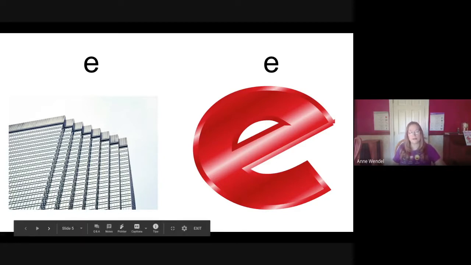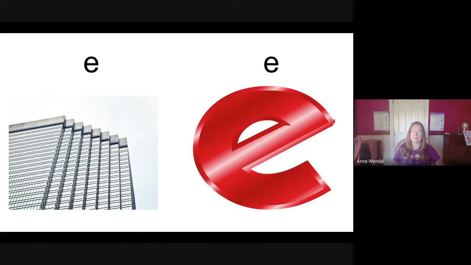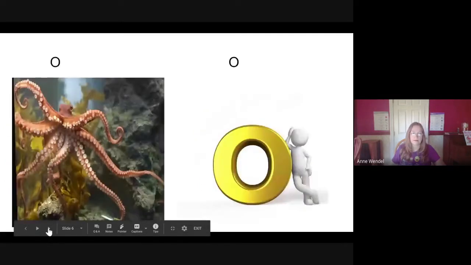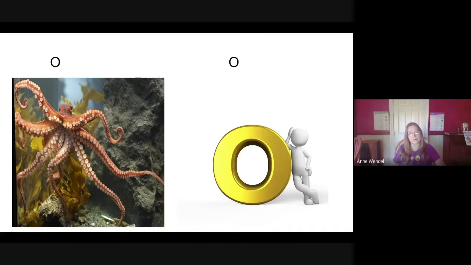The long sound of E says its name, E. Here's O. What's one sound that an O makes? What's another sound an O makes? Yes, the short sound of O is ah, as in octopus. The long sound of O says its name, O.